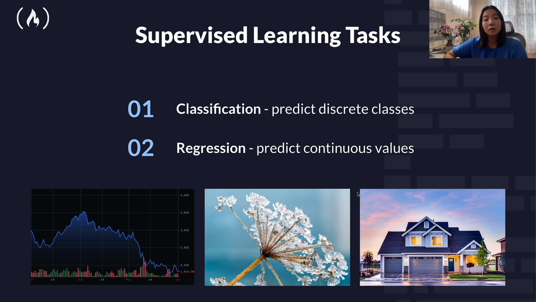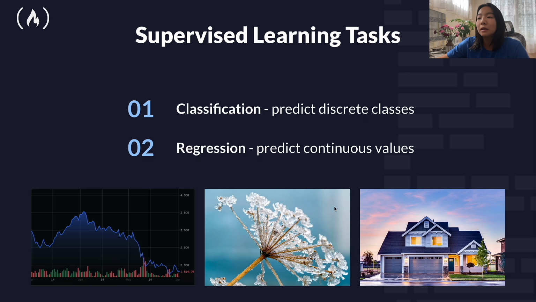There's also something called regression when we talk about supervised learning. This just means we're trying to predict continuous values. So instead of just trying to predict different categories, we're trying to come up with a number that is on some sort of scale. Some examples might be the price of Ethereum tomorrow.